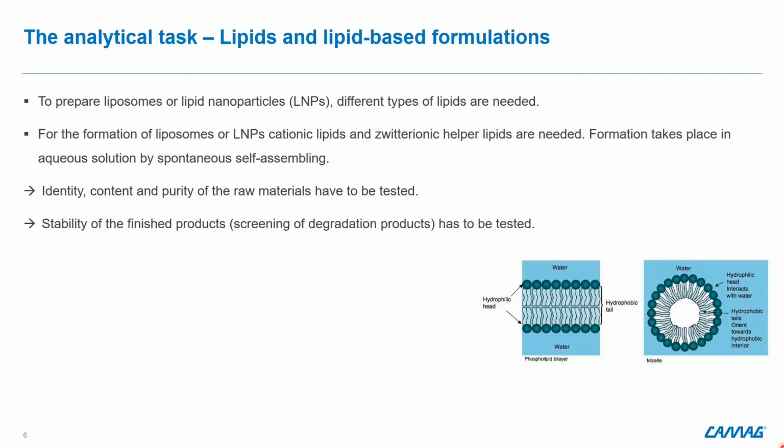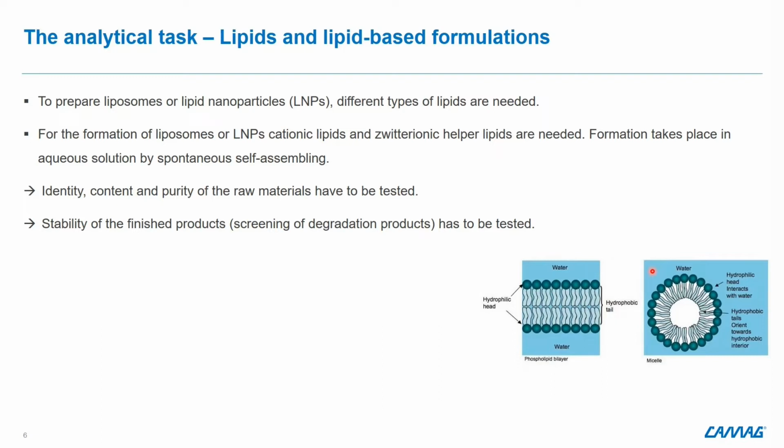To prepare liposomes or lipid nanoparticles for drug delivery systems, different types of lipids are needed. The lipids have a hydrophobic tail and a hydrophilic head. In aqueous solution, this leads to the spontaneous formation of vesicular structures by self-assembling.